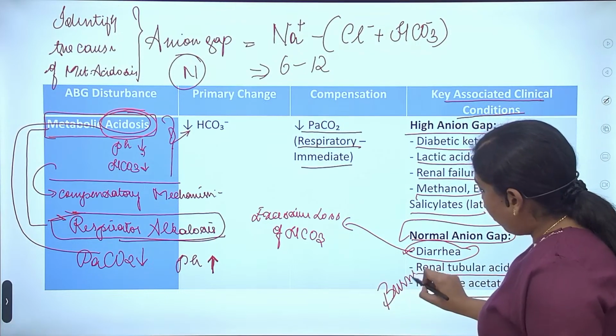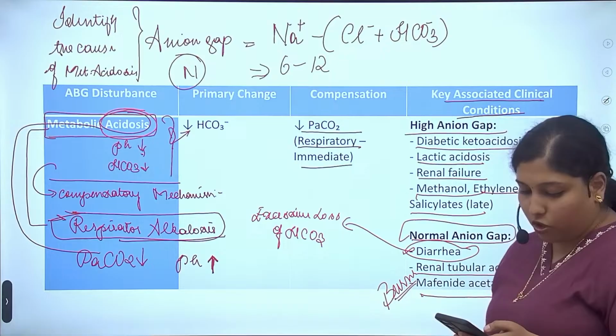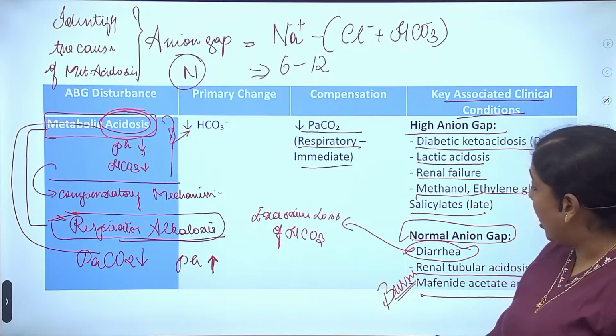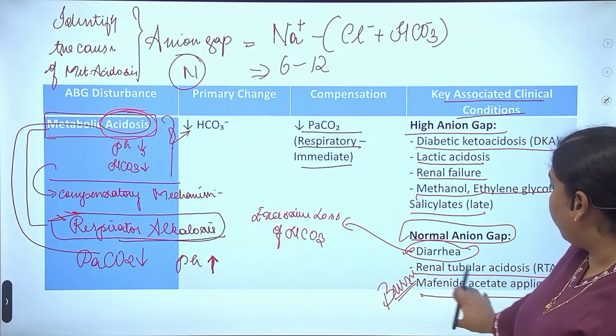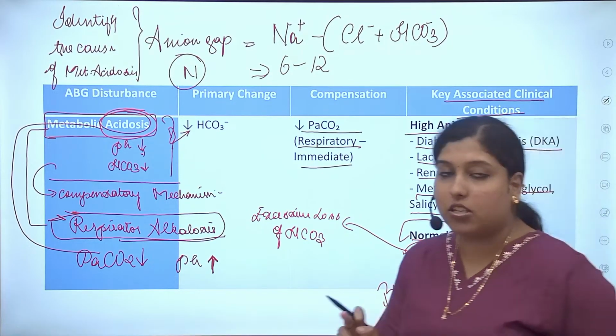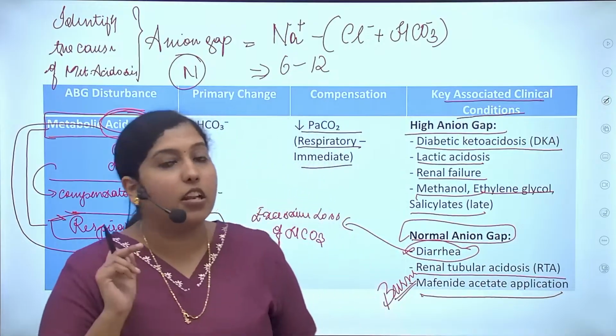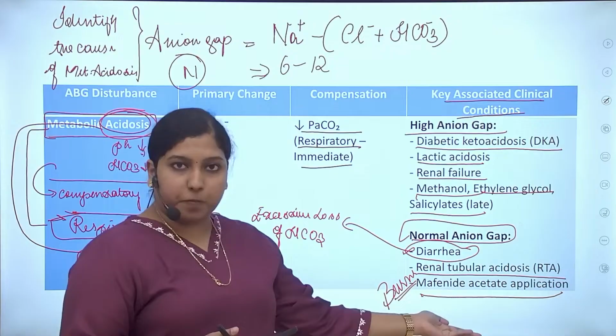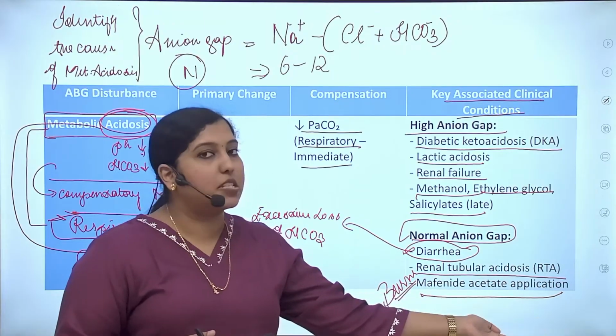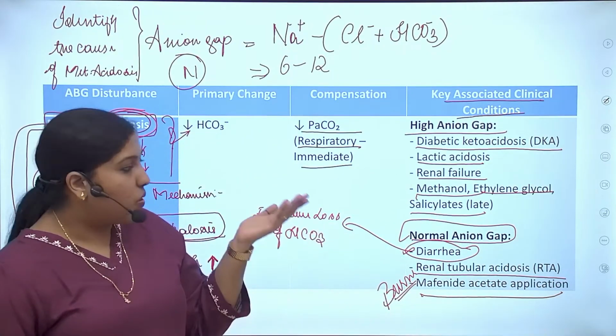it is an important management of burns where we are using this. In burns, where we use this particular dressing material, that is mafenide acetate, it causes metabolic acidosis. Those who have attended the last class can identify that mafenide acetate's important side effect is metabolic acidosis, right?